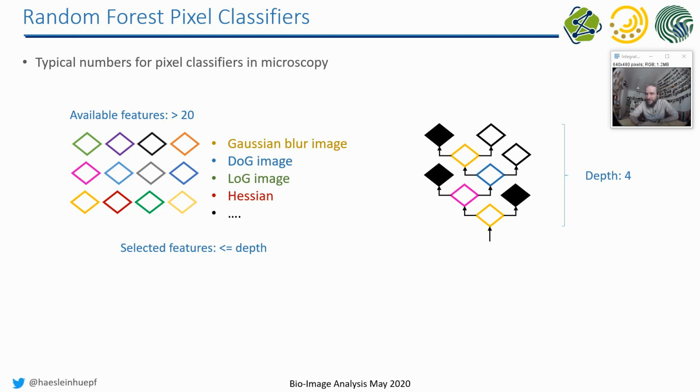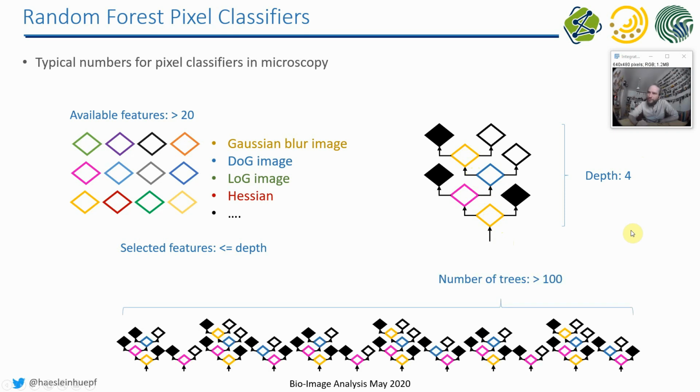What's also possible in these forests is that you take the same feature twice into account. That's technically possible, and it absolutely makes sense. The algorithm just does it, and you don't look at this anymore afterwards. I'm just saying here that the number of selected features in one tree can be smaller than the depth of the tree, so the depth of the decision.